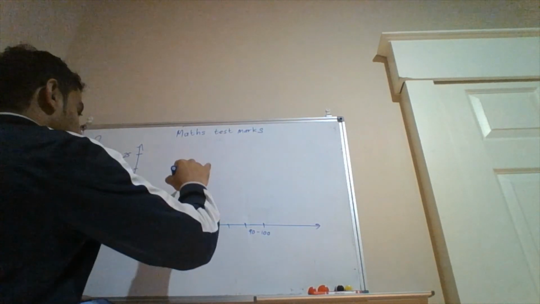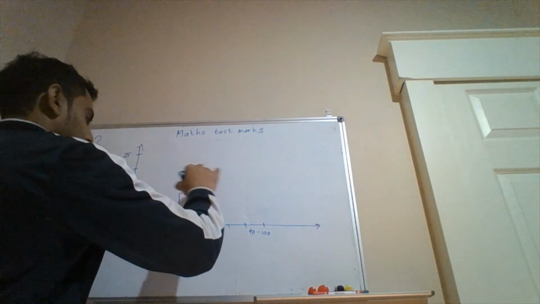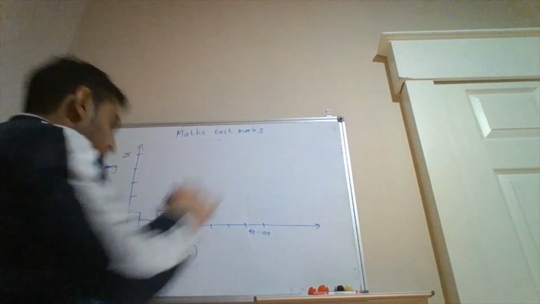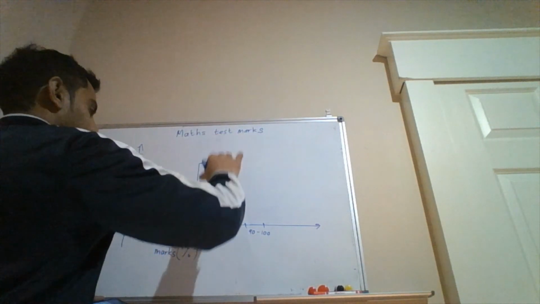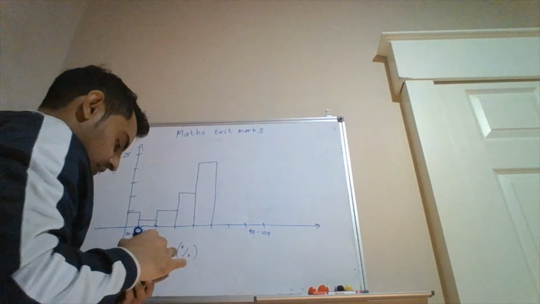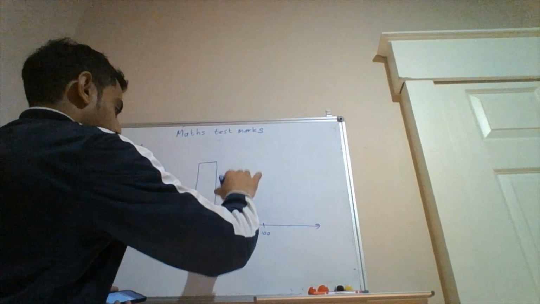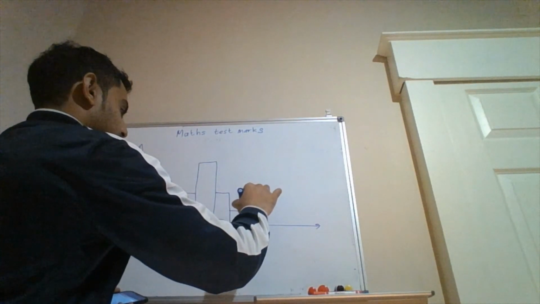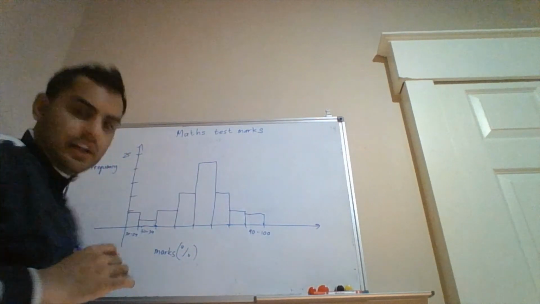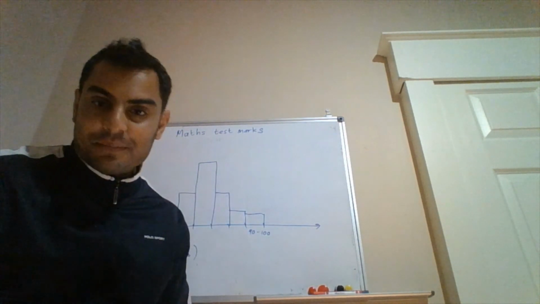Then the next one is 10. Then we get 20, 10, 5, and 4. And then we're pretty much done.